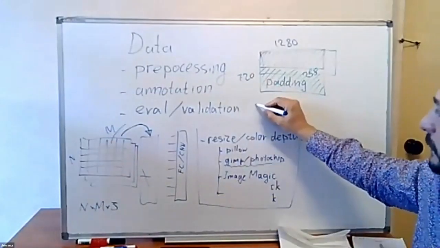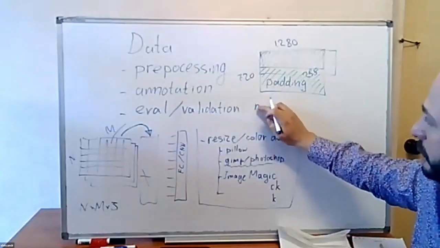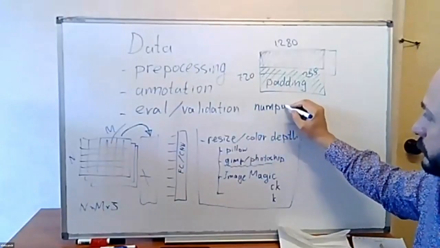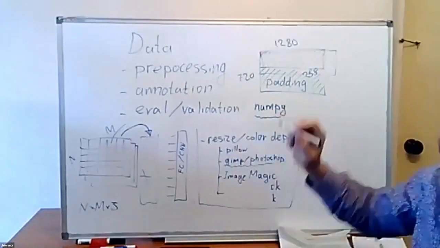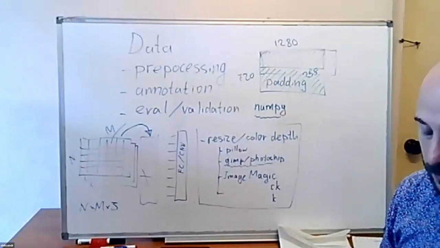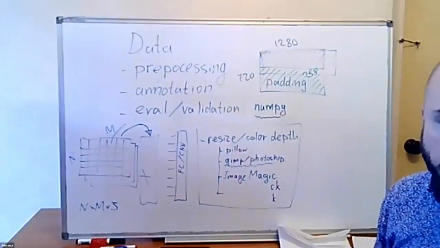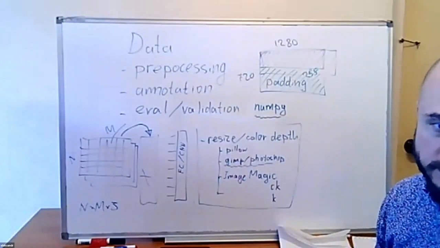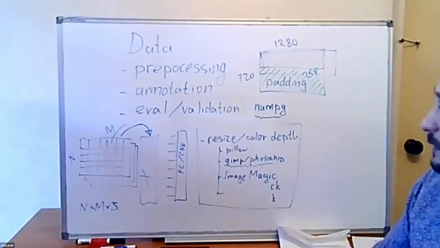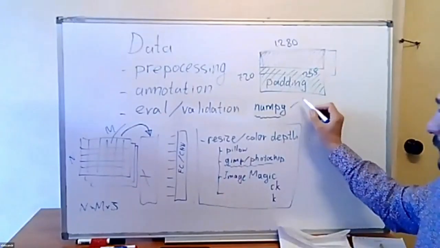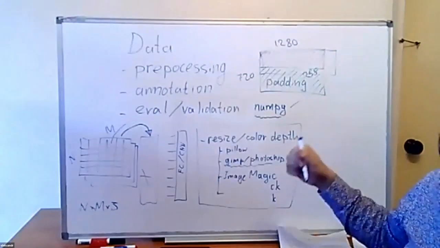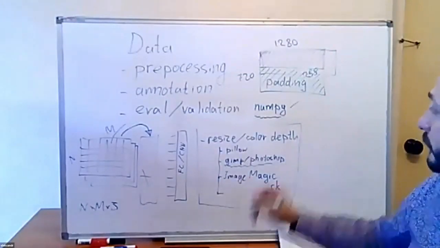You should remember what NumPy is. NumPy is a Python library that allows us to manipulate vector, matrix, and tensor data easily. It supports linear algebra operations on arrays.